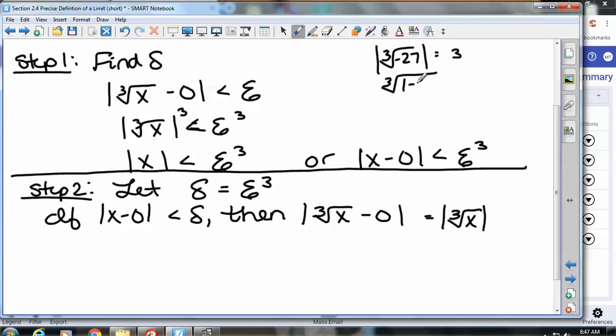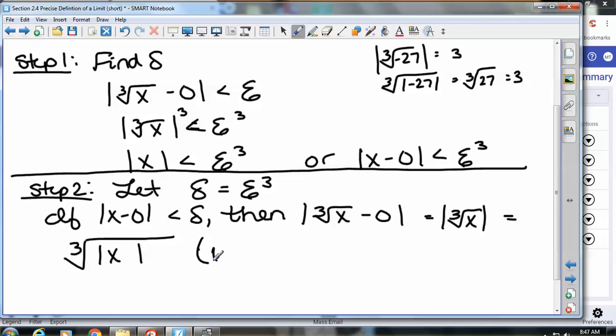Is that the same thing as if I did the absolute value of negative 27 first, and then did the cube root? The absolute value of negative 27 would be positive 27, and the cube root of 27 is 3. So the cube root and the absolute value could be done in either order, right? So this would be the same as saying the cube root of the absolute value of x.